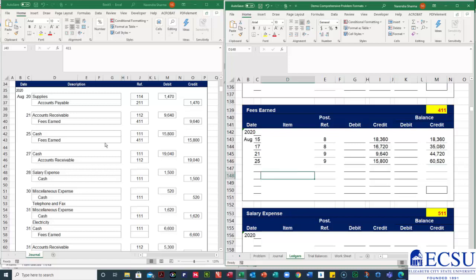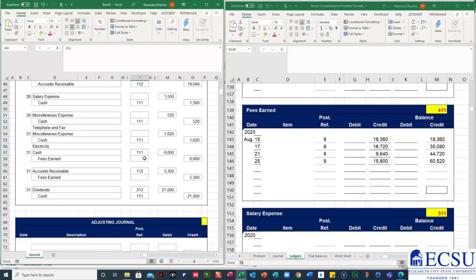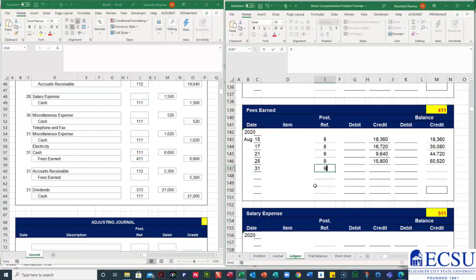And now I'm going to look for another fees earned. Here it is, 411. That is on the 31st, page 9 of the journal, and it is a credit of 6,600. So my balance will go up, plus 6,600 will give me 67,120.